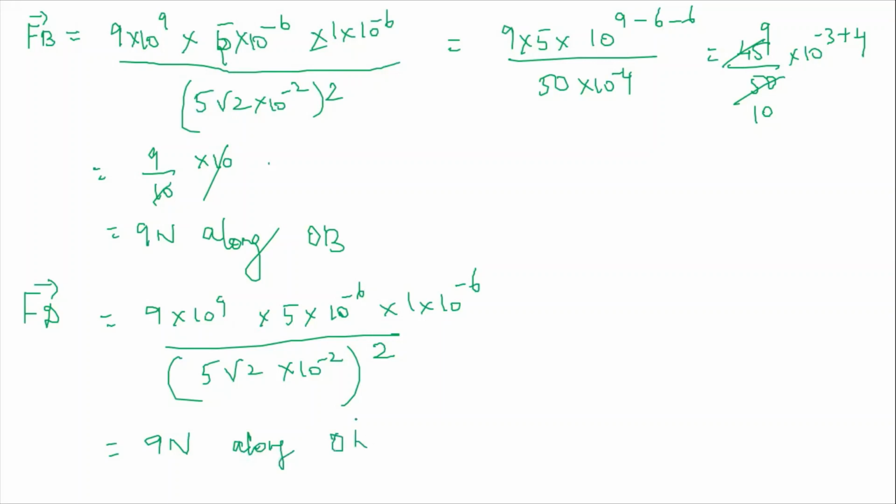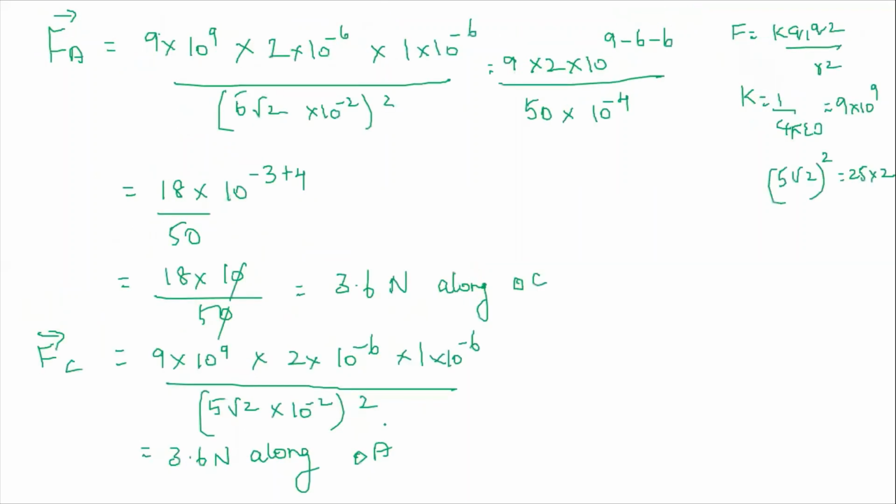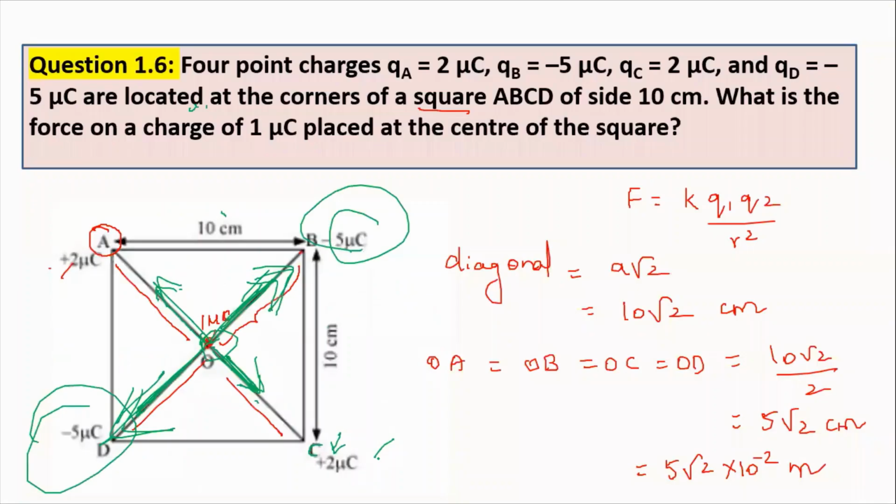So now, what is the next step? You have to calculate the net force on the charge 1 microcoulomb, which is present in the center. Before that, you can see here, FA and FC are equal in magnitude, but the direction is opposite. One is along OC, the other one is along OA, right?